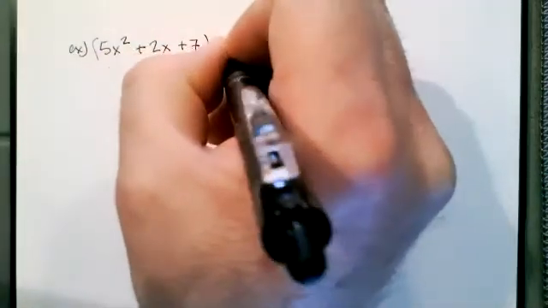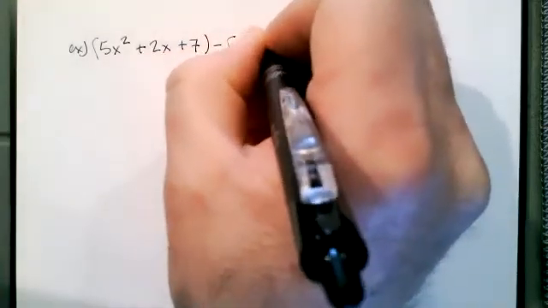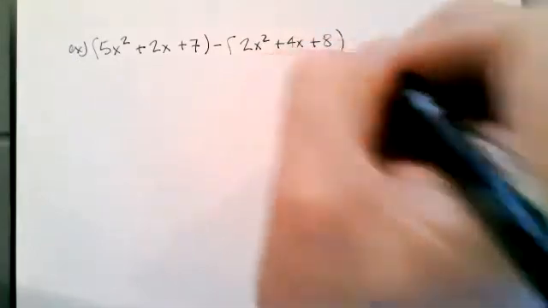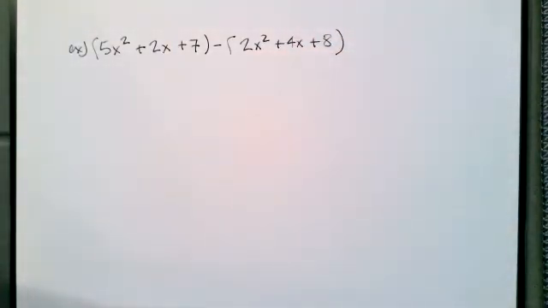It's about upgrading to something like 5x squared plus 2x plus 7 minus 2x squared plus 4x plus 8. We want to see this subtraction of polynomials as the same thing that we just did.